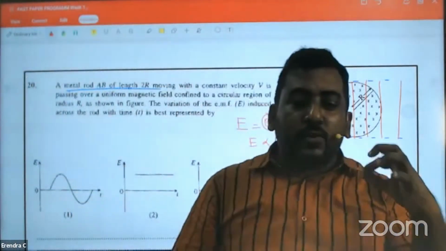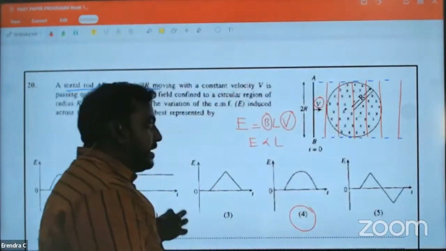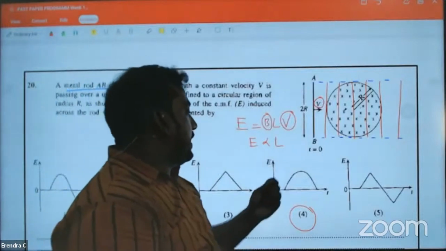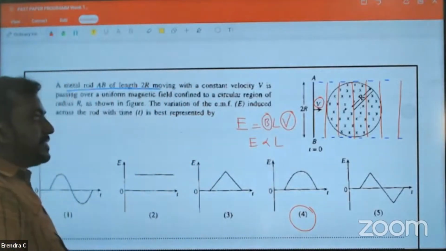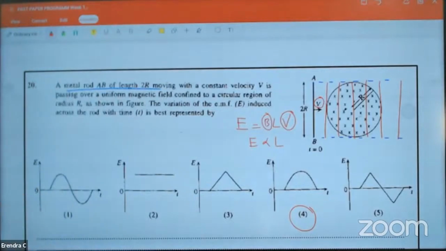The induced EMF depends on the length of the conductor linking with the magnetic field.